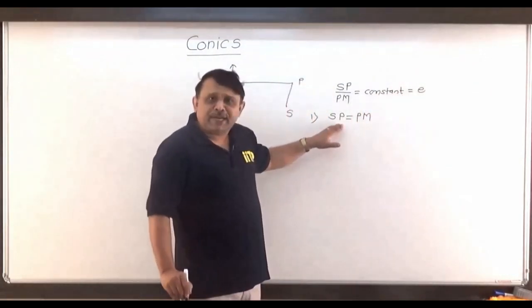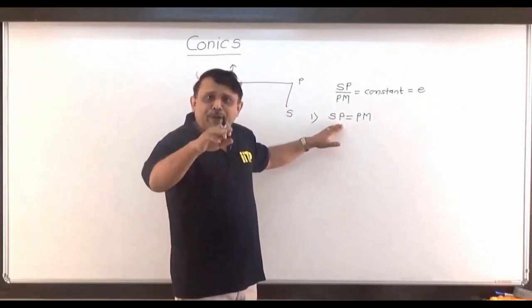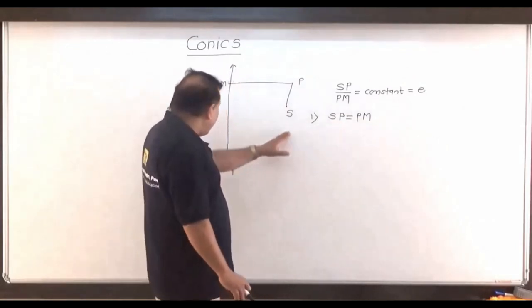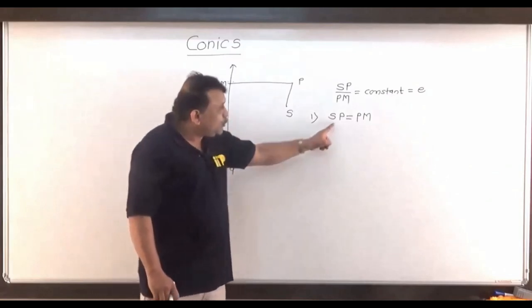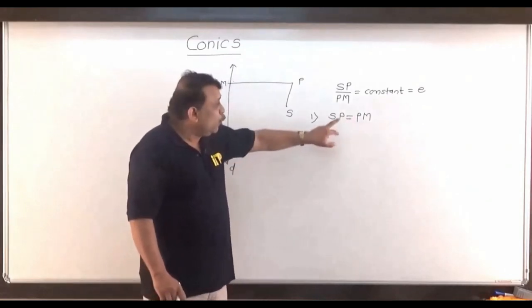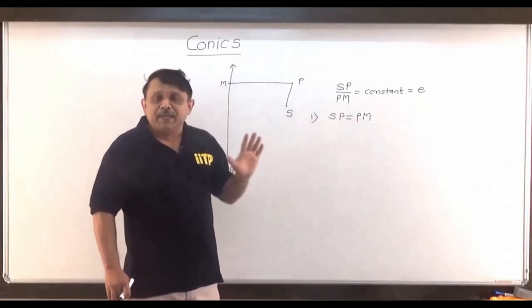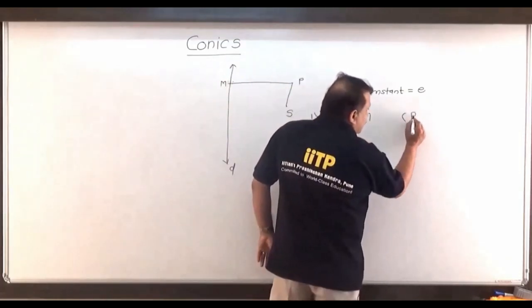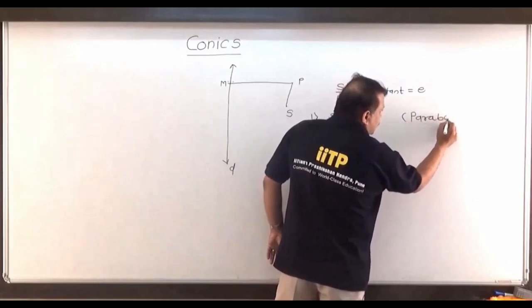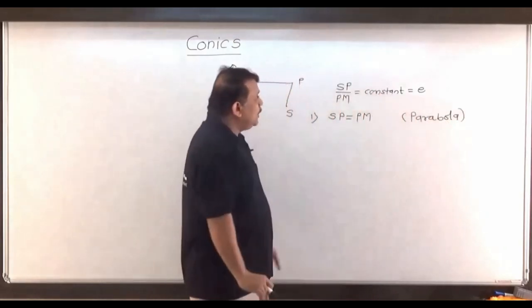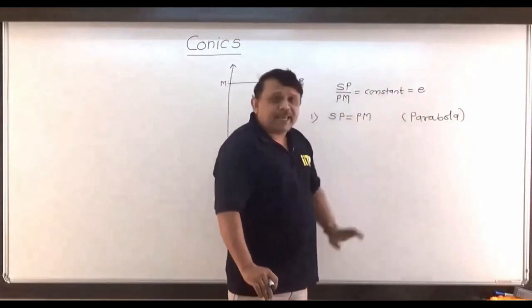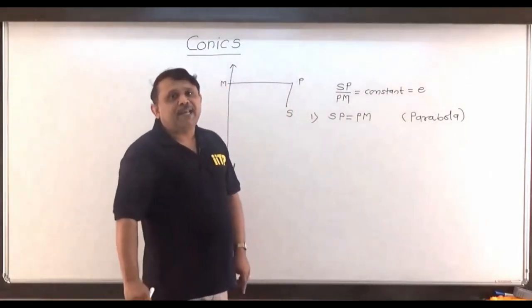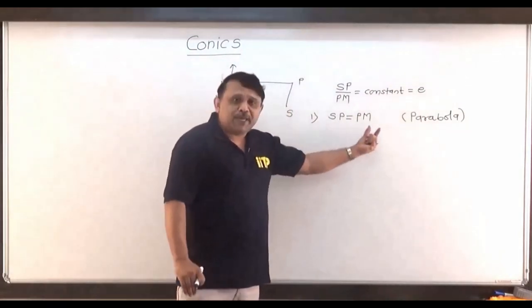When this condition is satisfied, if I collect those points P in the plane of S and D such that SP is equal to PM, then the locus formed by P is called a parabola. In a parabola, as a conic, the eccentricity E is exactly equal to 1 because SP is equal to PM.